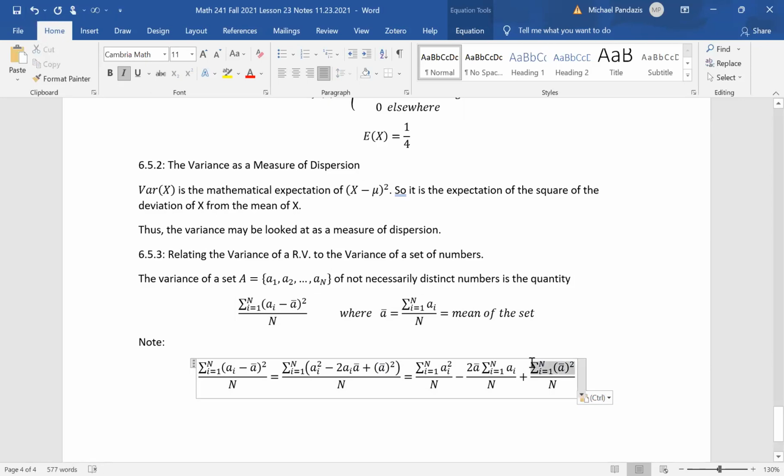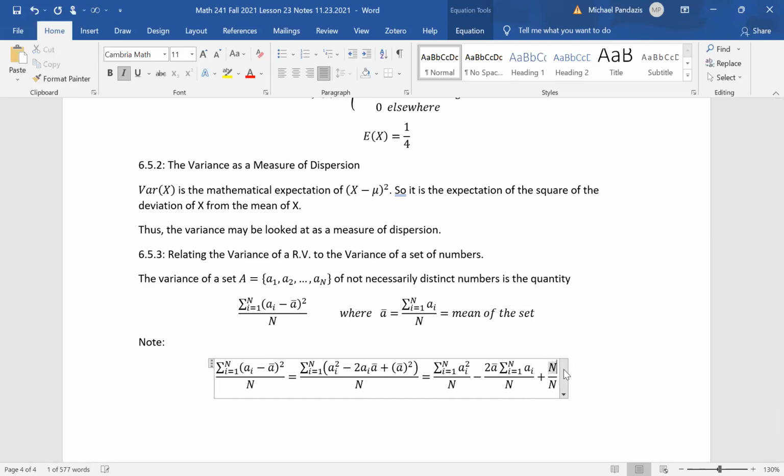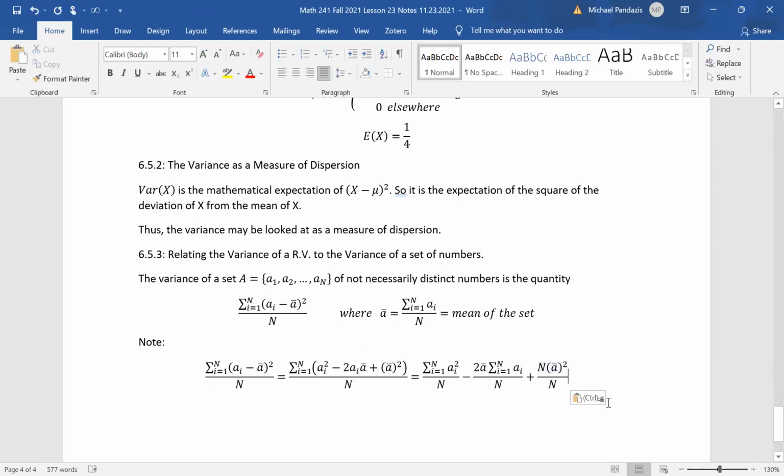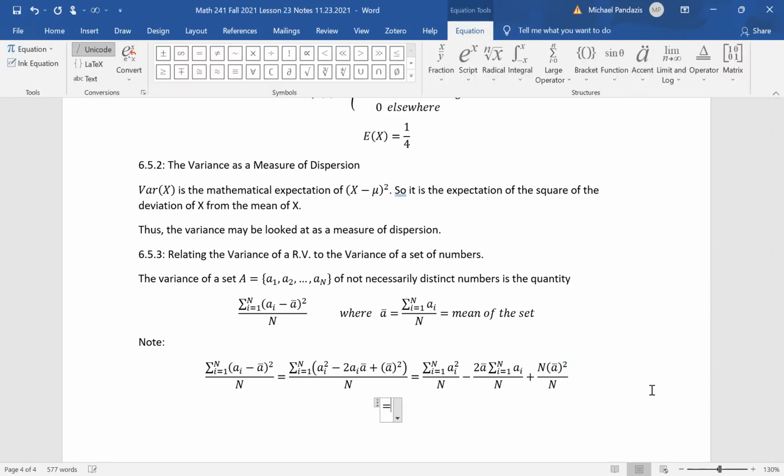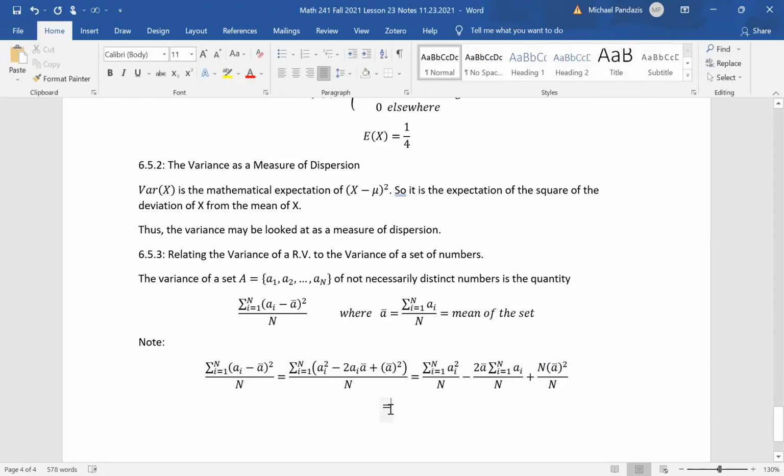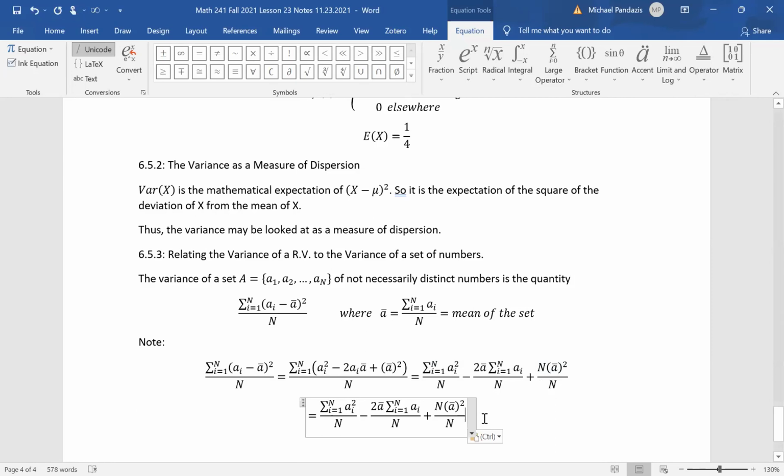So you're just adding capital N of them, and so the result of this sum is capital N times A bar squared. You want to simplify it. The first term you can keep like that.